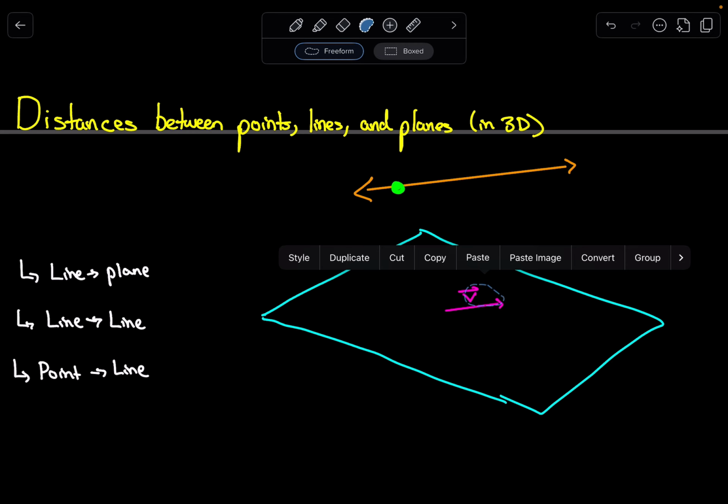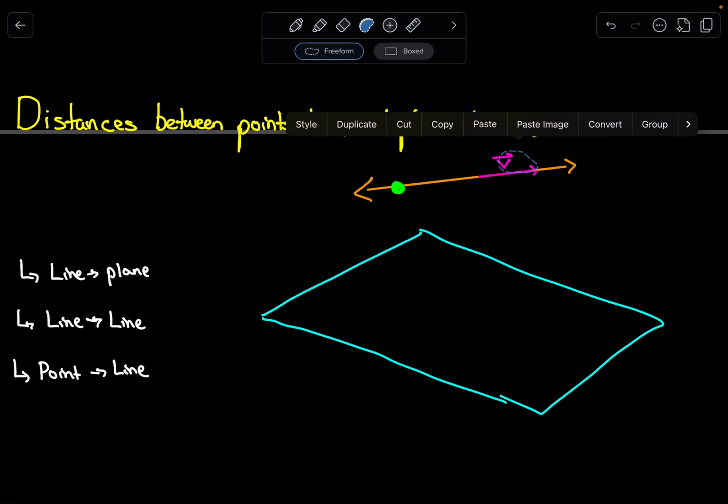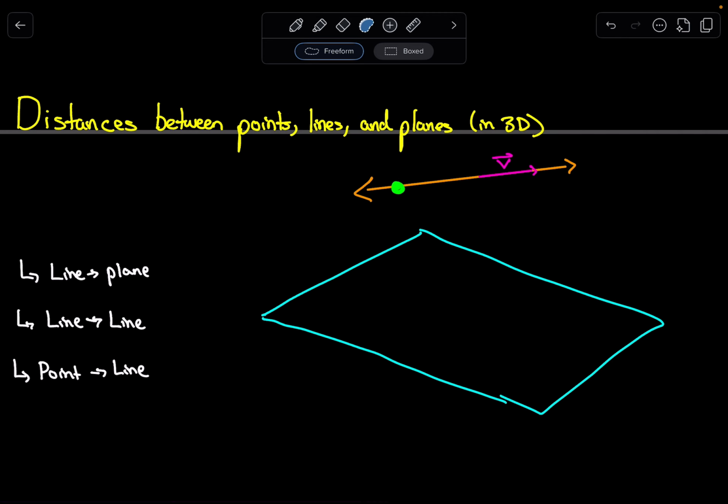I should be able to pick it up and drag it. It has to be parallel, because if it's not, then the line and the plane are going to intersect, which means that technically speaking, if I draw this right angle distance down from any point that I choose, no matter which point I pick, it's going to be the same distance between the line and the plane no matter what.